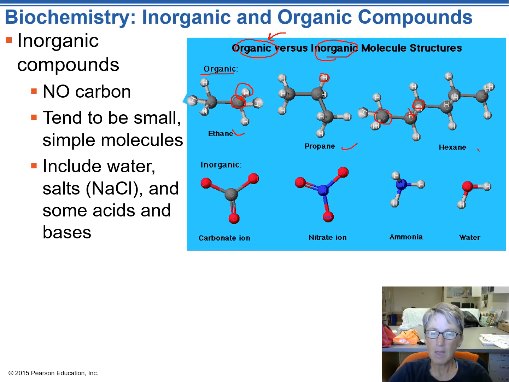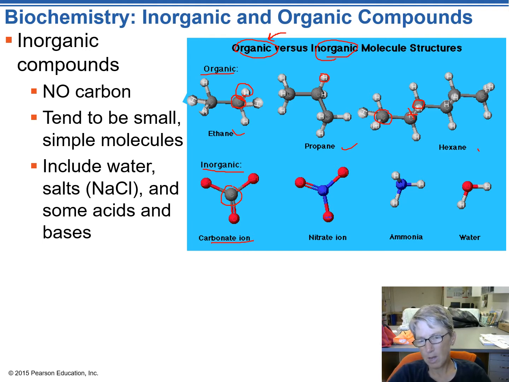If you are an inorganic molecule, you have other elements in you. Check it out, though, this is where it gets tricky. This is the carbonate ion, so it does have carbon in it, but it doesn't have hydrogen as well. So that means it's an inorganic molecule, not an organic molecule.